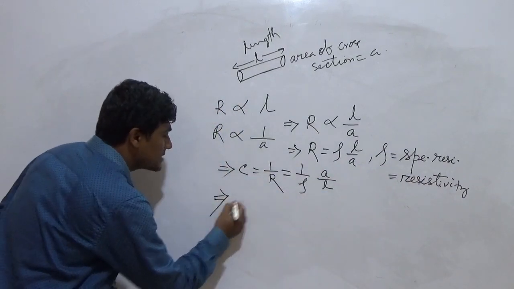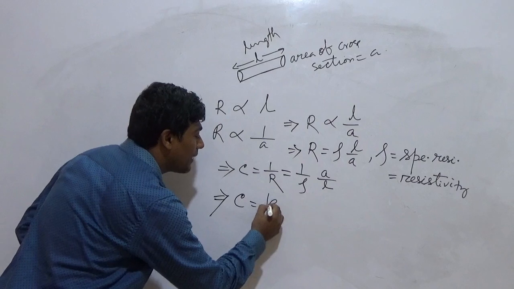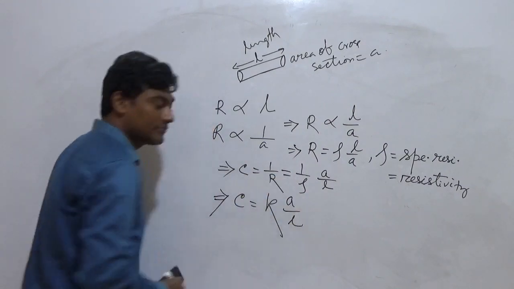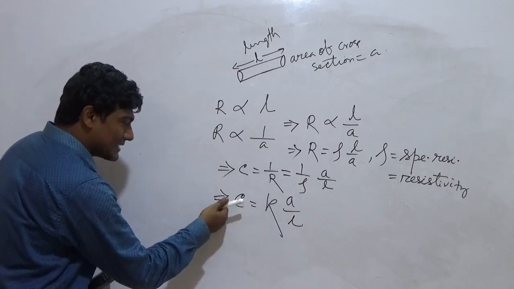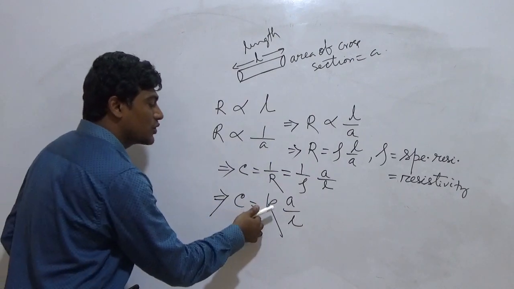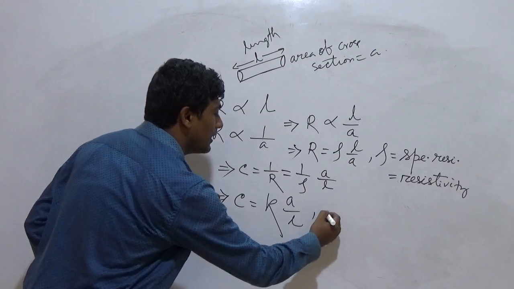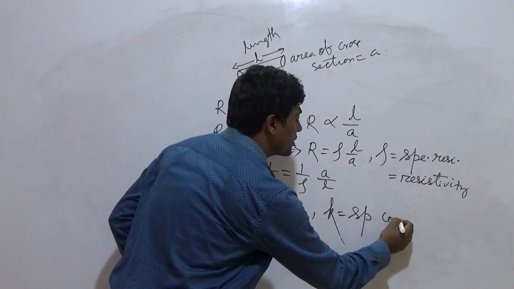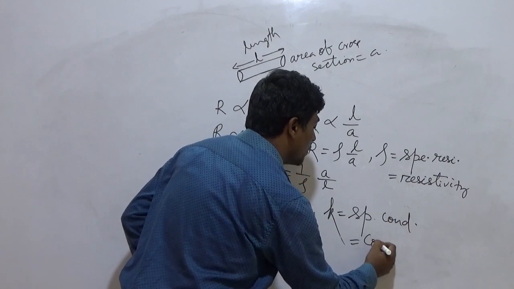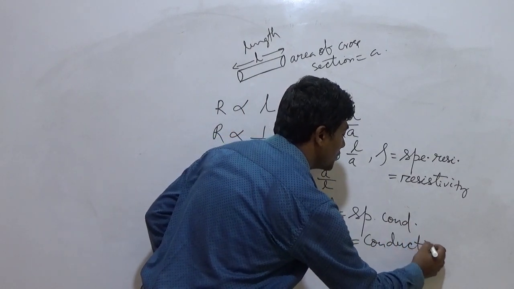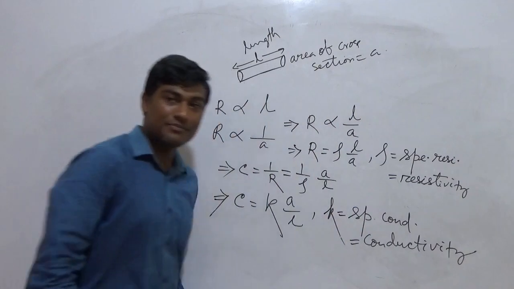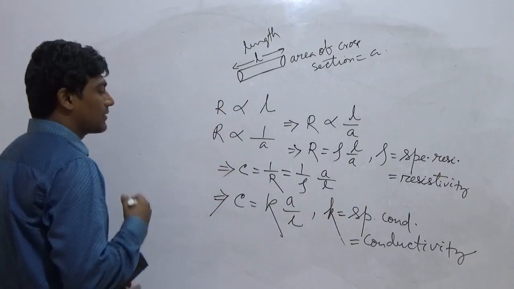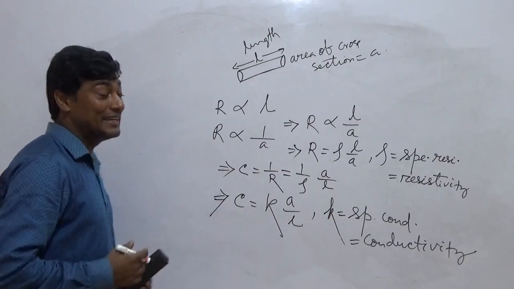So we get C equals kappa, that is 1 by rho, times A by L. So the conductance is equal to kappa A by L, where kappa is the specific conductance, or conductivity. Are you getting it?